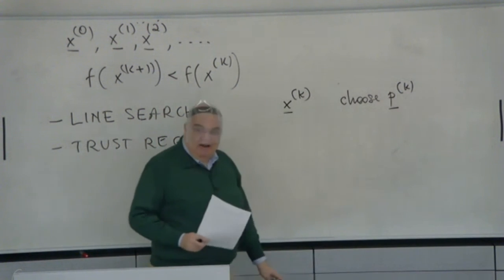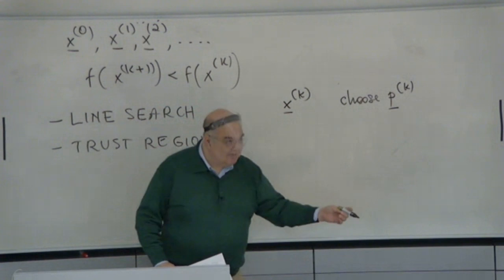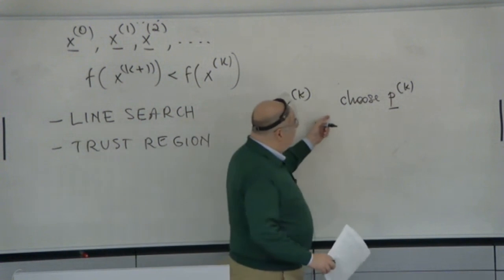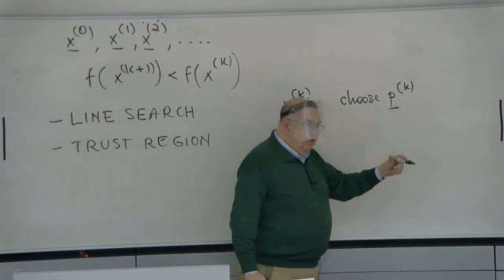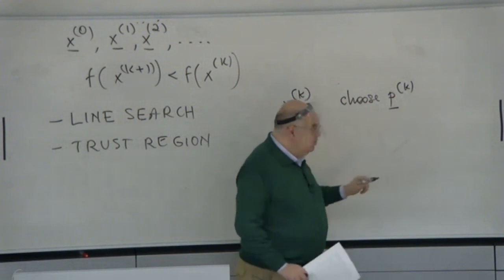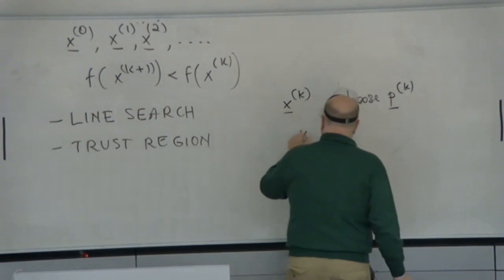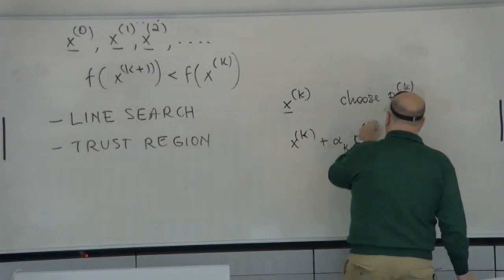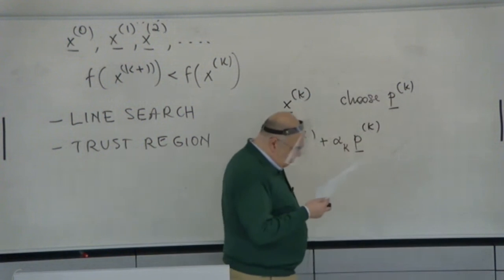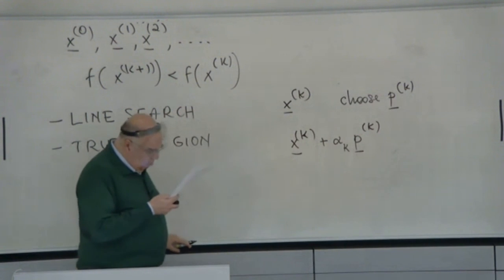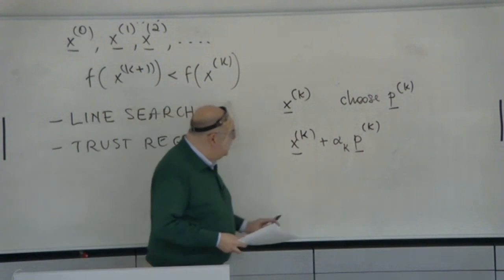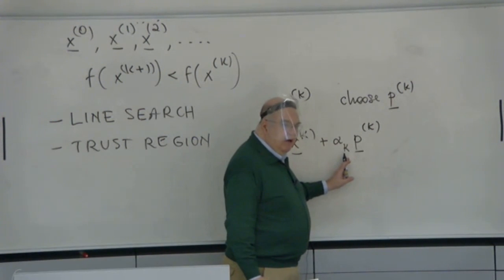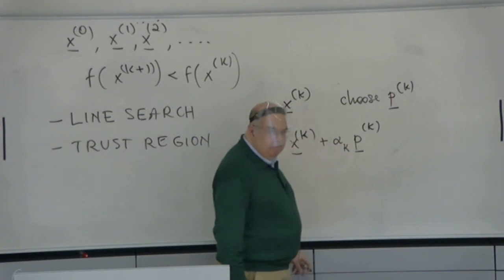But choosing a direction is not enough, because you need to produce a vector that is another point. So you need to say also what is the displacement along that direction. The next point will be xk plus alpha k pk. So you are moving along direction pk by an amount alpha k.